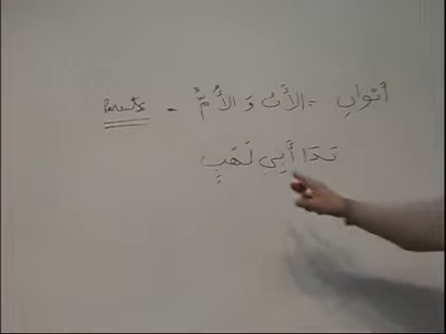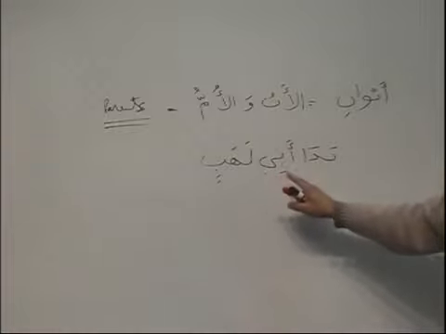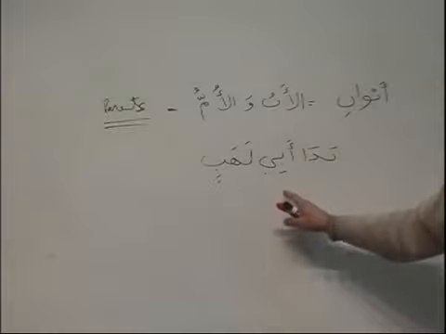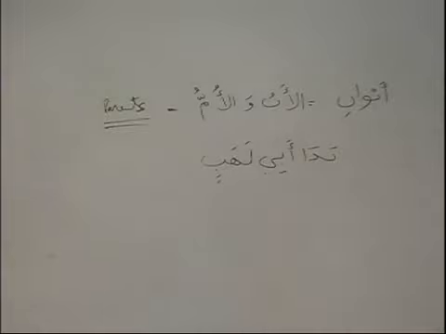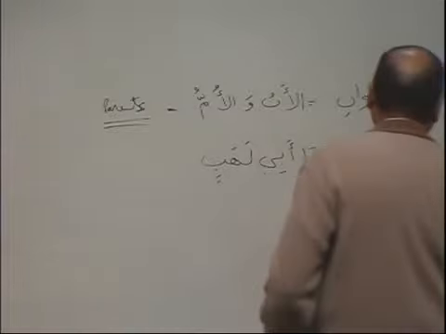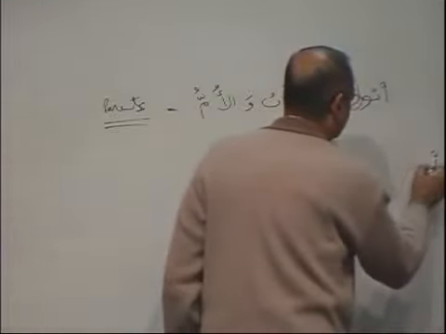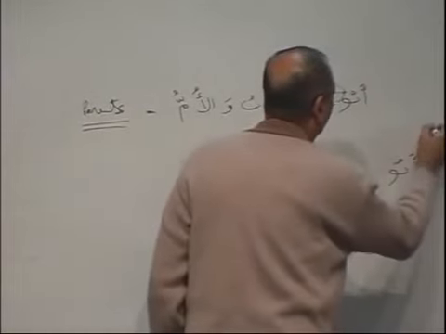Remember, this ya is because Abi is now coming as a mudaf. Remember? Are you with me? When you say Abu on its own, and there is no waw or alif or ya. Okay? Remember? You say Abun.